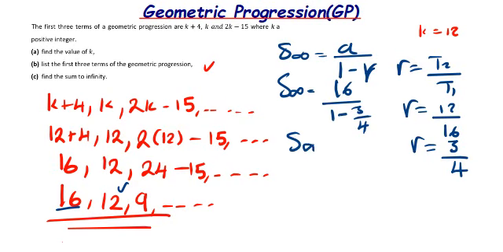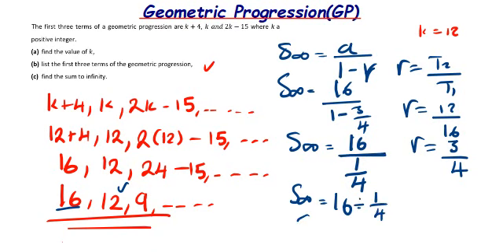So your sum to infinity will be equal to, now when we say 1 minus 3 over 4, you can even use your calculator. So this is 16 up there, over 1 over 4. You understand that this line is the same as division, so we are going to have 1 over 4. So in order for you to come up with multiplication, the denominator becomes the numerator, and the numerator becomes the denominator.